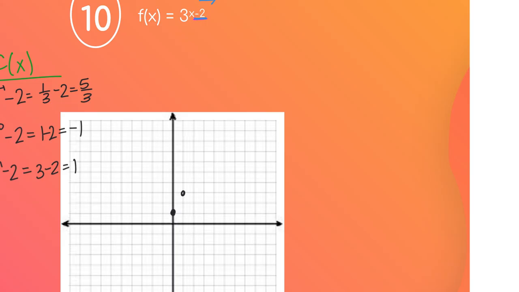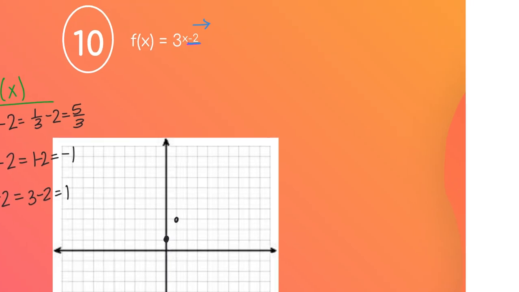Moving 2 units to the right, that's right here. And again, I'm still not crossing that x-axis, and I'm curving up. So I'm still using that same x-axis and curving up.